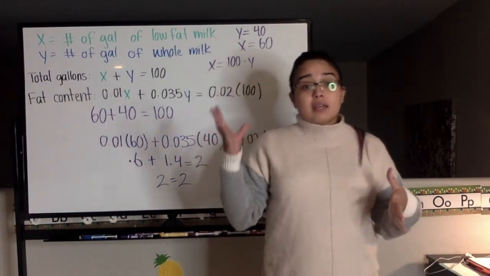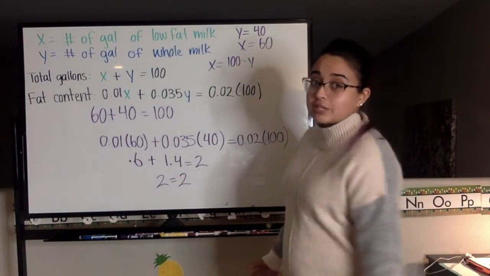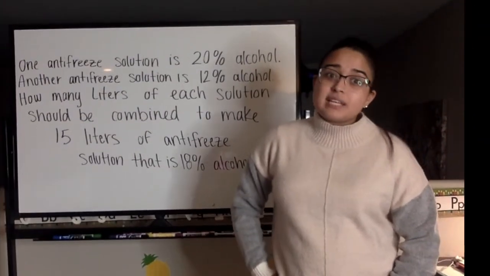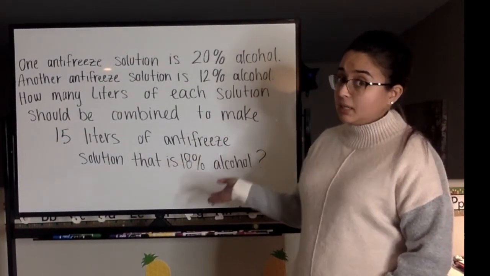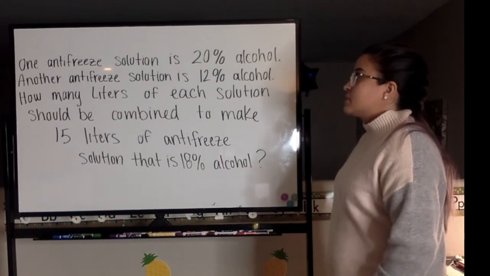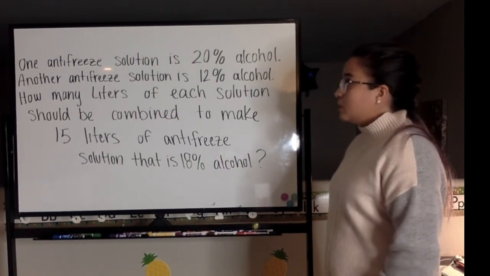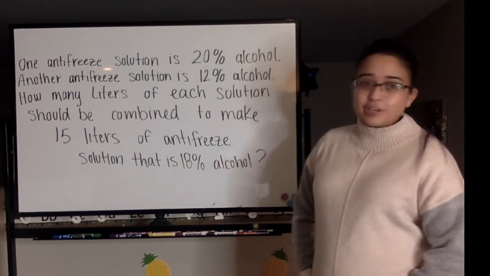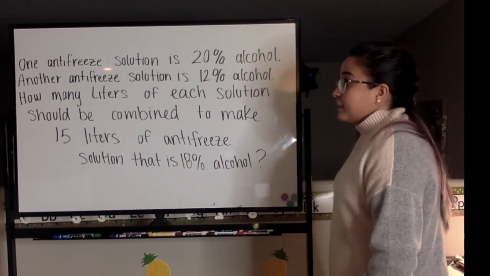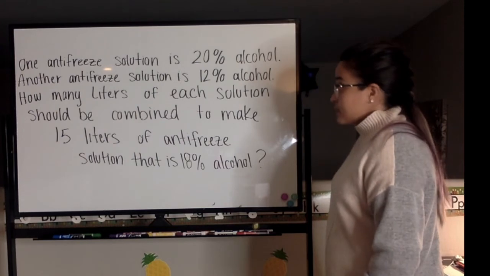Now, let's go into your assignment for today. Very well, you guys. Here is the word problem for your assignment today. You have one antifreeze solution that is 20% alcohol, and each antifreeze solution is 1 liter, just so you have that in mind. And another antifreeze solution is 12% alcohol.